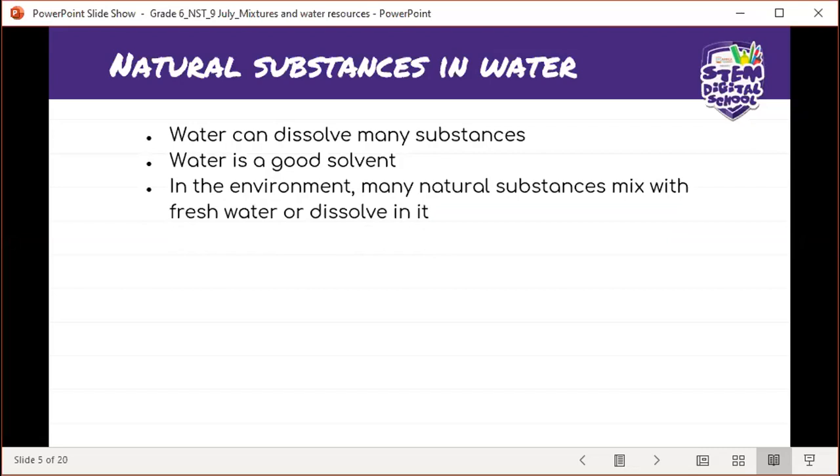Remember, if something dissolves, we're saying that it's either a liquid or a solid which is dissolving into a solvent. So a solute is dissolving into a solvent, or mixing with a solvent, forming a solution.